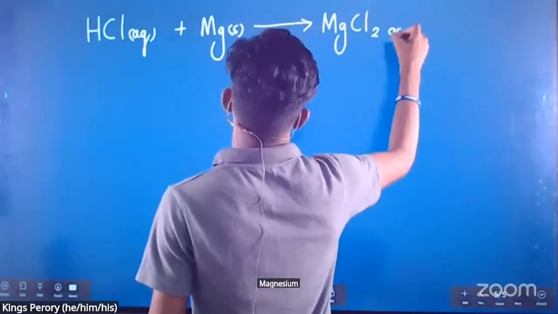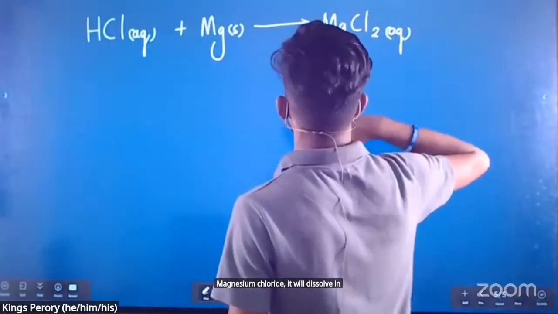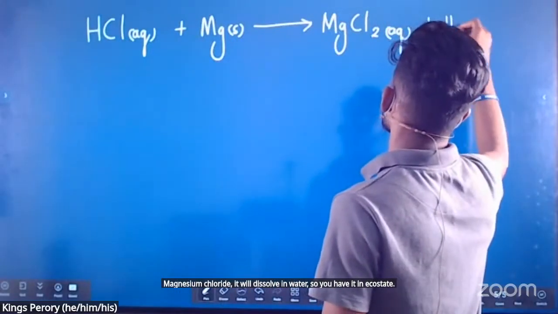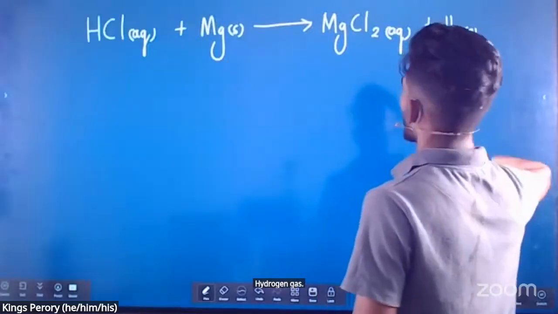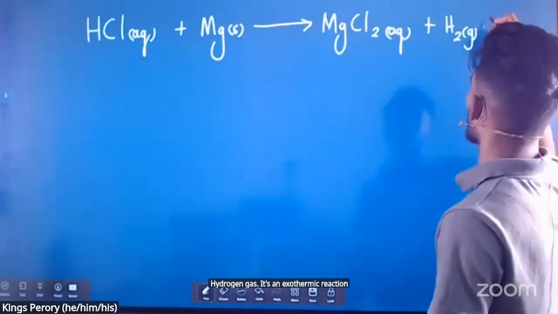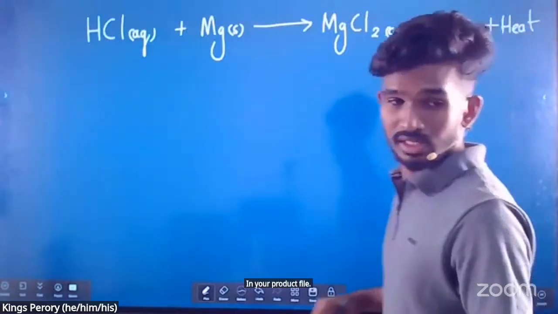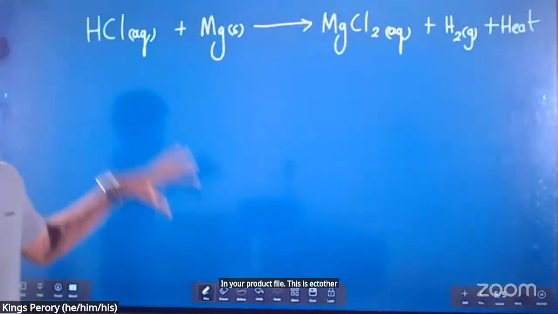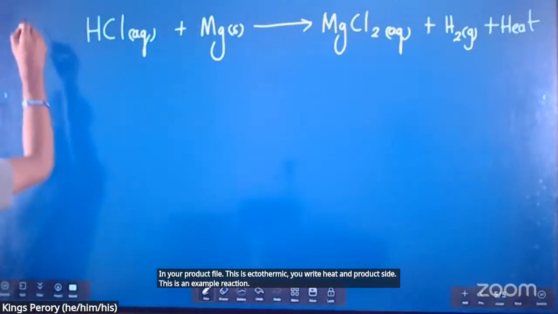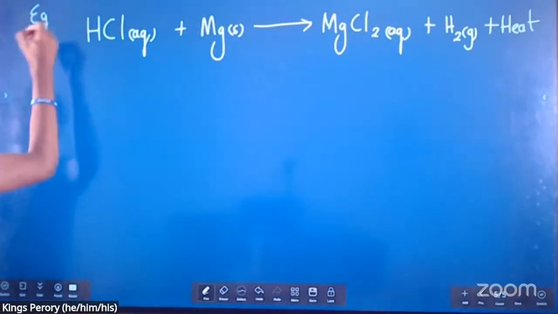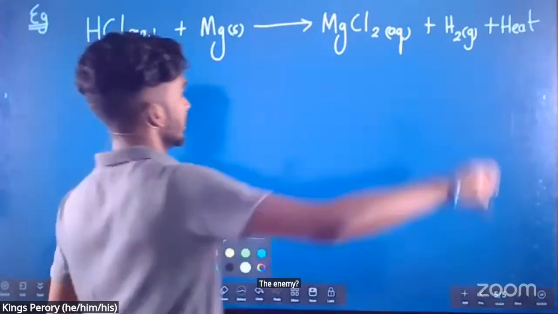Magnesium chloride, it will dissolve in water, so you have it in aqueous state. Hydrogen gas. It's an exothermic reaction, which means you write the heat in your product side. This is an example reaction. Heat is written in the product side.